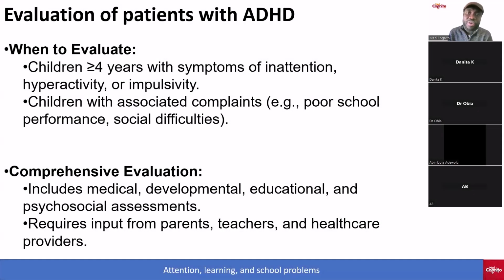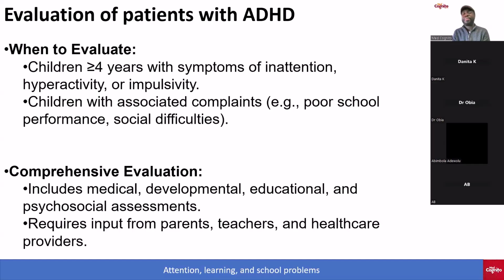Now, how are you going to evaluate the child? And this one, a very important website, which we need to know. Children more than or equal to 4 years with symptoms of inattention, hyperactivity, and impulsivity, and children who may have these symptoms and come with social difficulties or poor school performance, you want to evaluate them.